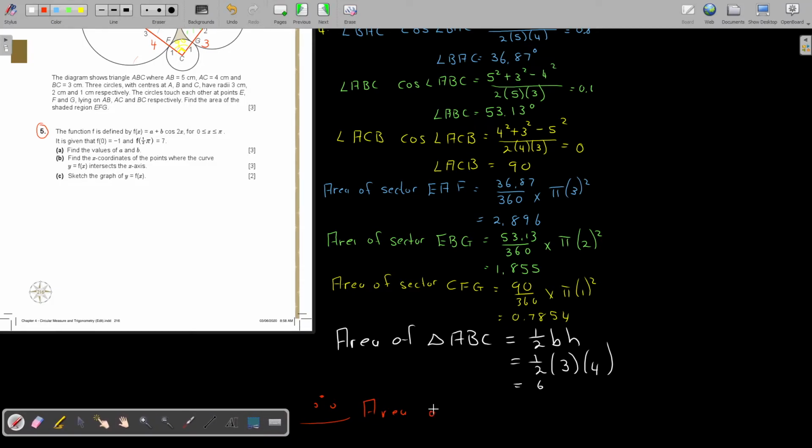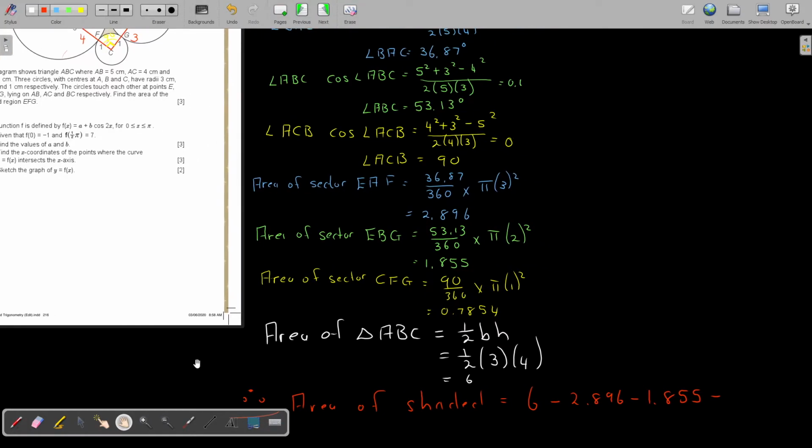And now I'm going to say, therefore, area of shaded. And now I'm just going to take that 6, I subtract the blue, I subtract the green, and I subtract the yellow.